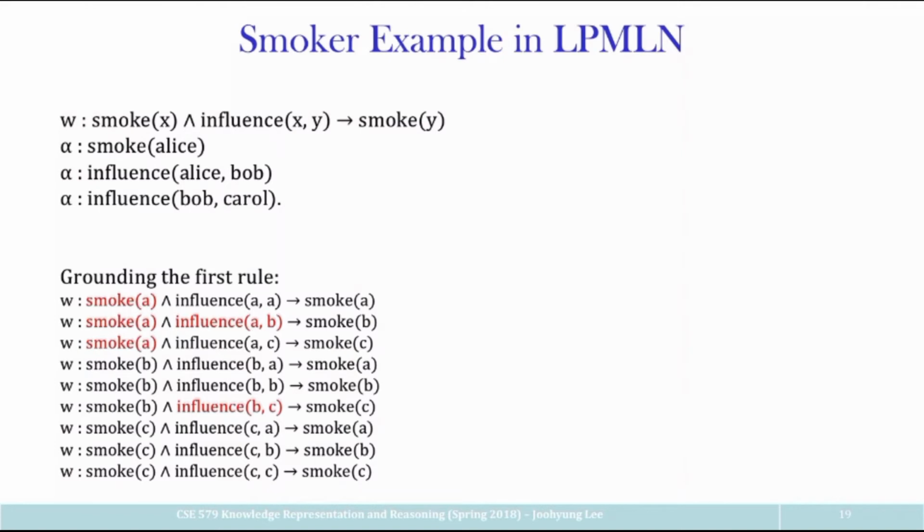We'll do this together. Possible worlds: one is A is a smoker, but B and C are not smokers. Same thing as before.